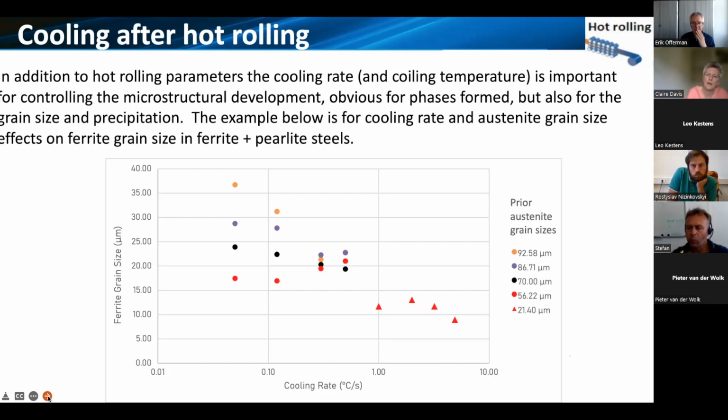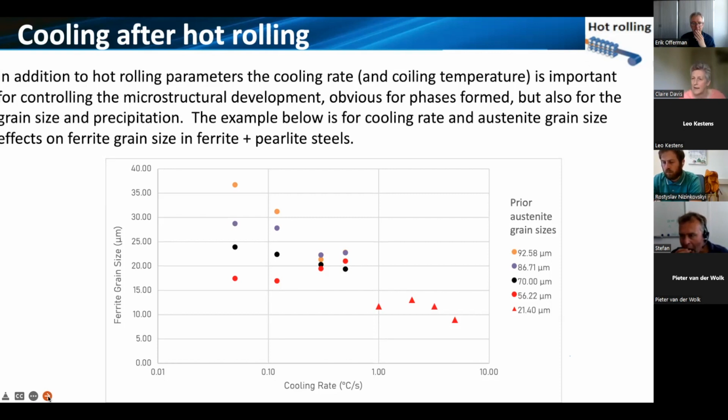But here, if we have a ferrite pearlite steel, naturally the cooling rate after the hot rolling process and the prior austenite grain size will affect the ferrite grain size. Prior austenite grain size is really straightforward, but the ferrite grain size is also affected by the cooling rate, and that becomes important to appreciate for a given industrial process.